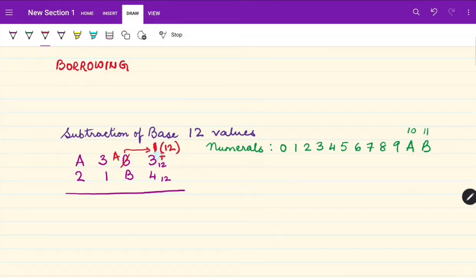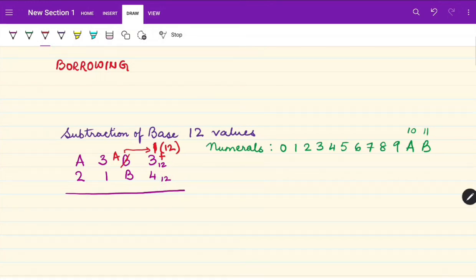So you have to unbundle and look at the 12 in that bundle. So it's 12 plus 3, which is 15, minus 4. All right, so first you add the 12 to the 3 and make it 15, and then you subtract the 4. So 15 minus 4 is 11.